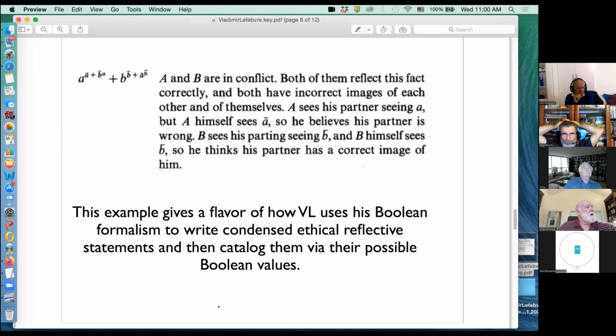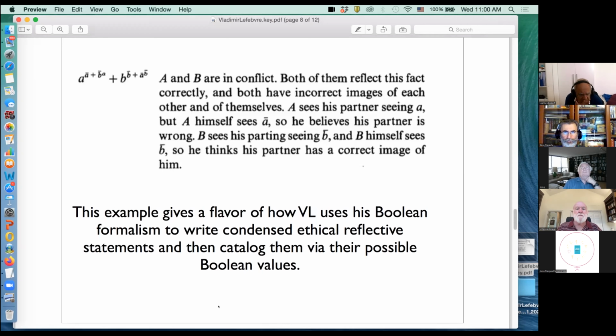And he can make more and more complex statements, like this is a dandy example. I won't read the algebra to you, but you see he reads it out, and he goes back and forth between the actual language and what gets compressed into the Boolean language. In the actual language, A and B are in conflict.